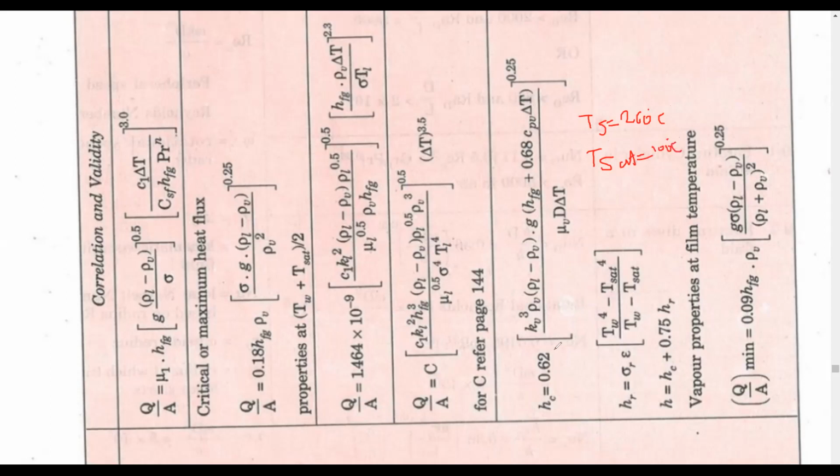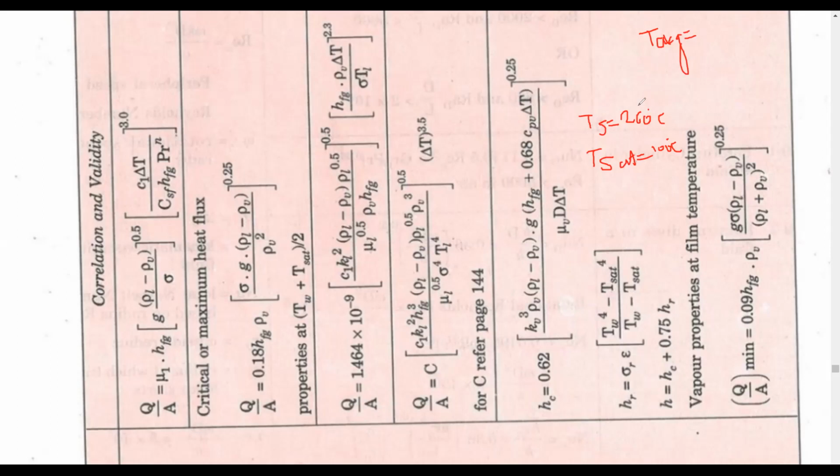Listen carefully. The thermophysical properties of vapor, that is k_v, rho_v, C_pv and mu_v, should be taken at the mean or average temperature between the surface temperature and the saturation temperature.